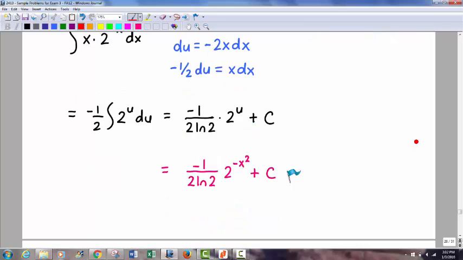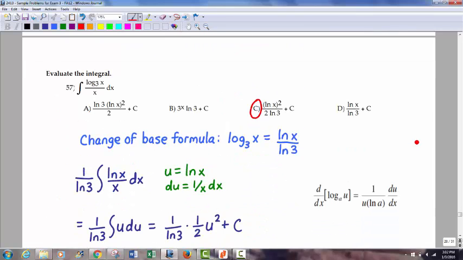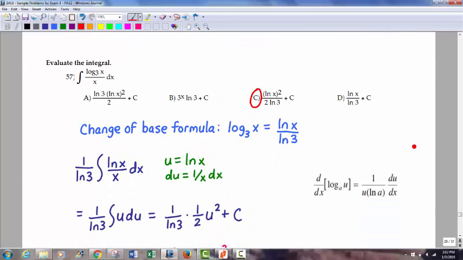Took care of 56, here's 57. Now there might be more than one way you can do this. You could probably work with just this formula as far as choosing your u, but I use this change of base formula, which if that was needed for an exam, I would provide it for you within the problem, most likely.